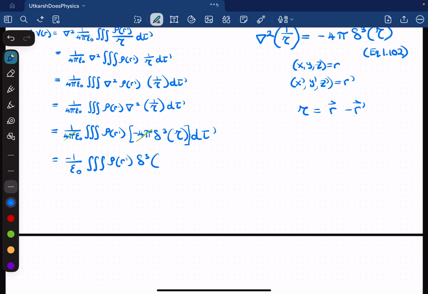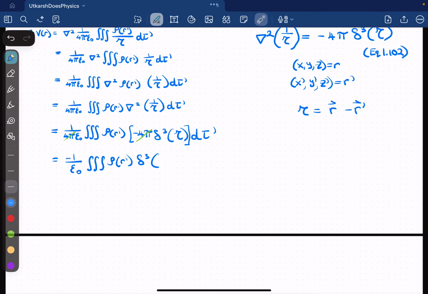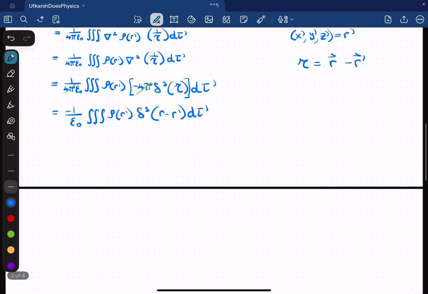And we know that this curly r is actually just this, as Griffiths explains. So we can write it out here. So that's great. We're almost done.